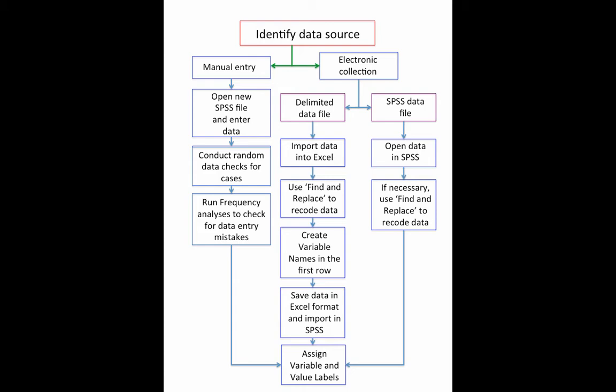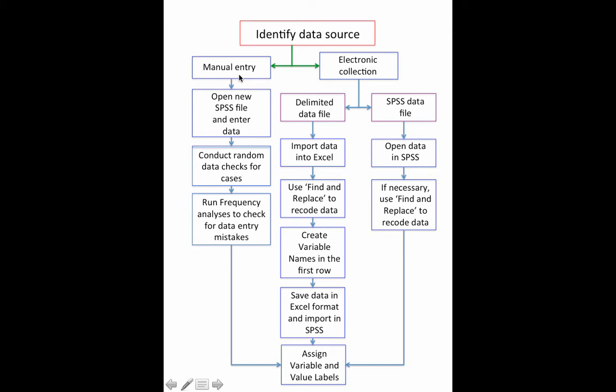Now, again, if we look at the workflow, essentially what we have are three possible options. For example, under the data source, if we determine that for our particular purpose, we're going to have to work with a manual data entry process, then we would begin by coming down and over to the left.